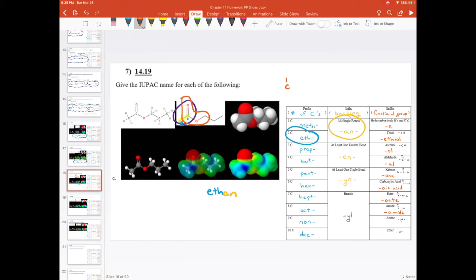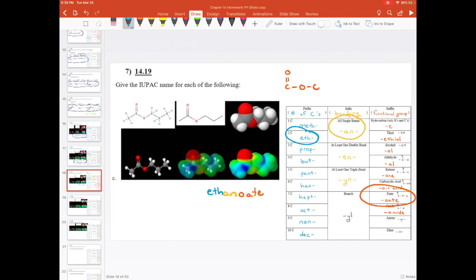That's a carbon double bonded to oxygen, single bonded to an oxygen that's single bonded to another carbon. And the suffix for an ester is OATE. So the name for that backbone is going to be ethanoate.